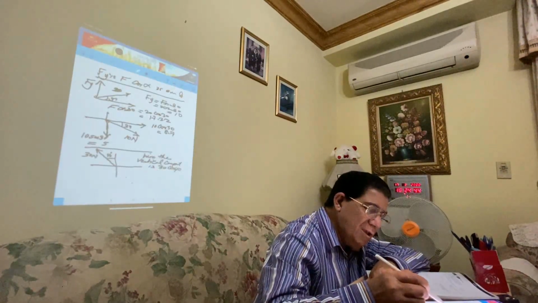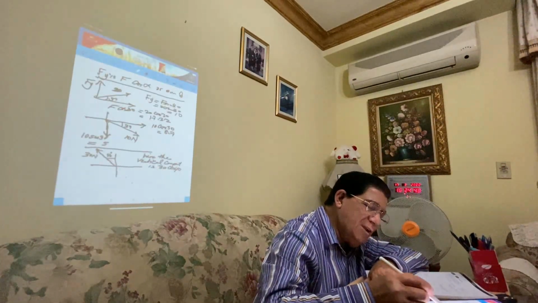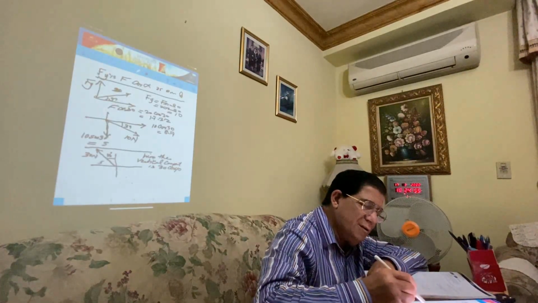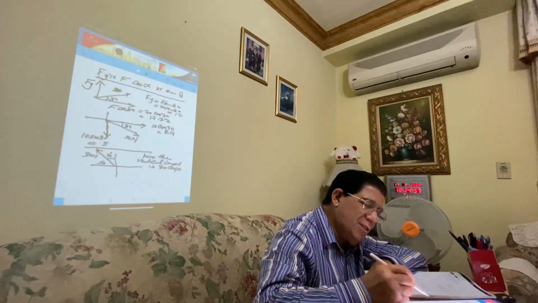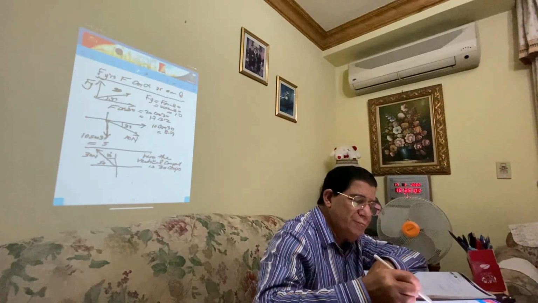Why? Because the angle is with the vertical. I could say the vertical is 30 sine 50, because this angle is 50, but rather than saying 30 sine 50, I can say 30 cosine 40.